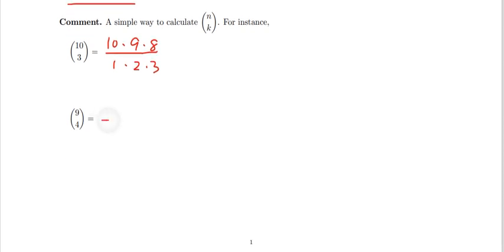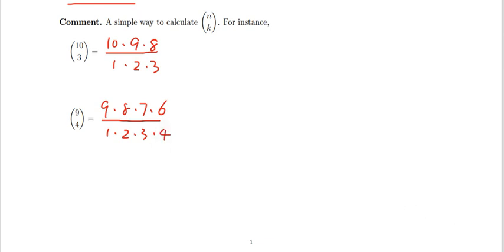Here 9 choose 4, so we multiply 4 numbers. The numerator starts from 9, so 9, 8, 7, 6, 4 numbers. And the denominator starts from 1, so 1, 2, 3, 4.